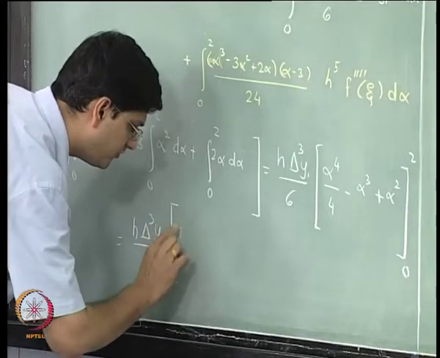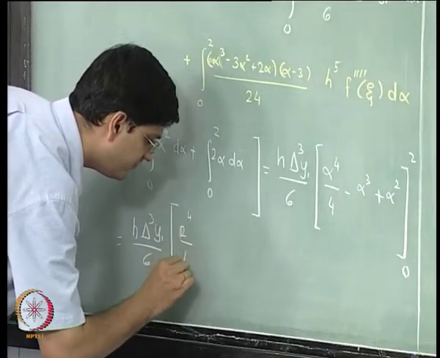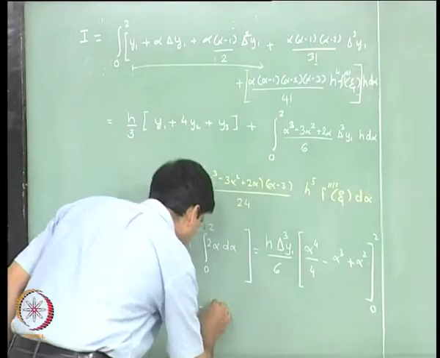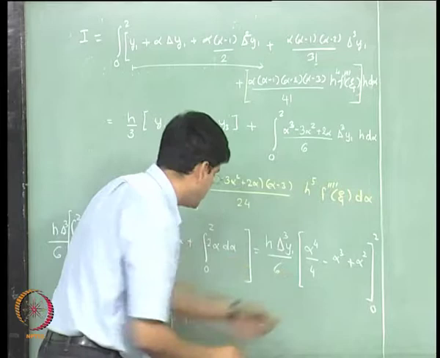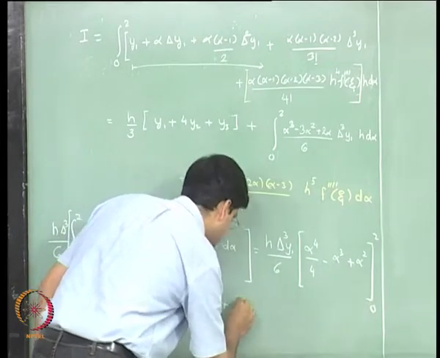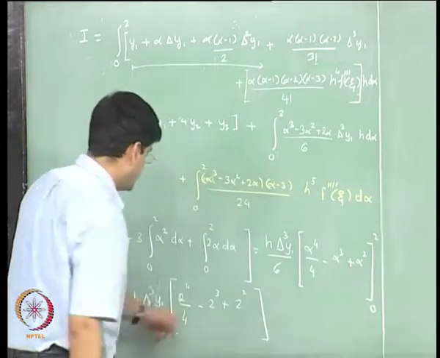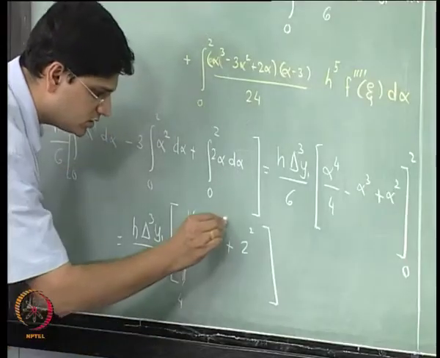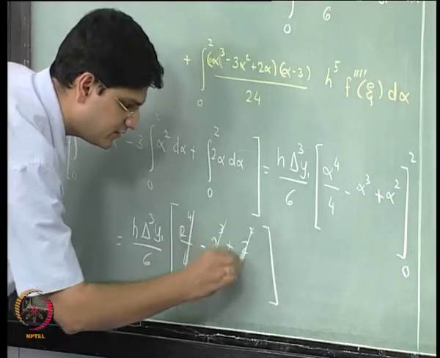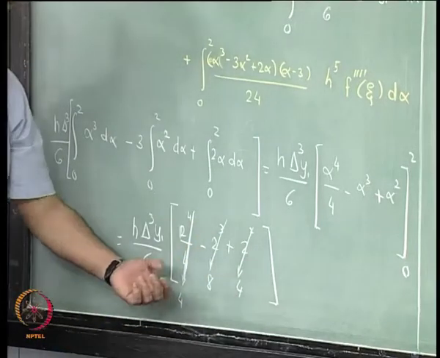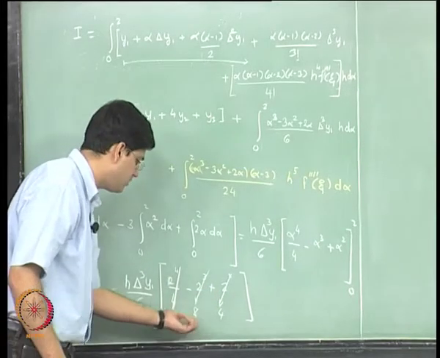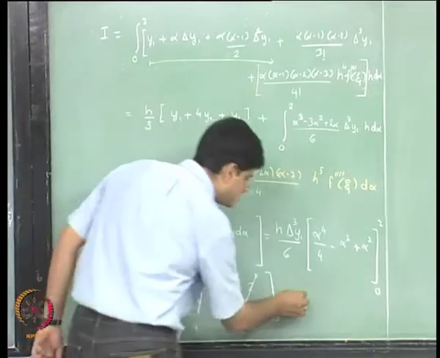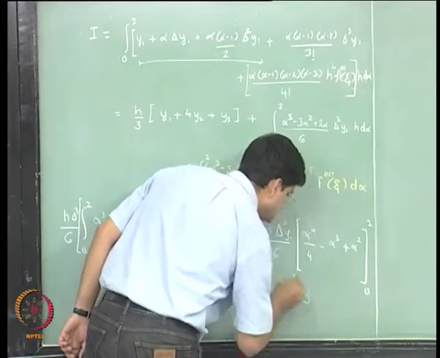So it is 2 to the power 4 by 4 minus alpha cubed, which is 2 cubed, plus 2 squared. Okay. So this is 16 divided by 4, which is 4, this is 8 and this guy is 4. So here what we have is 4 minus 8 plus 4, that is 8 minus 8, that is 0. So this particular term has become 0.